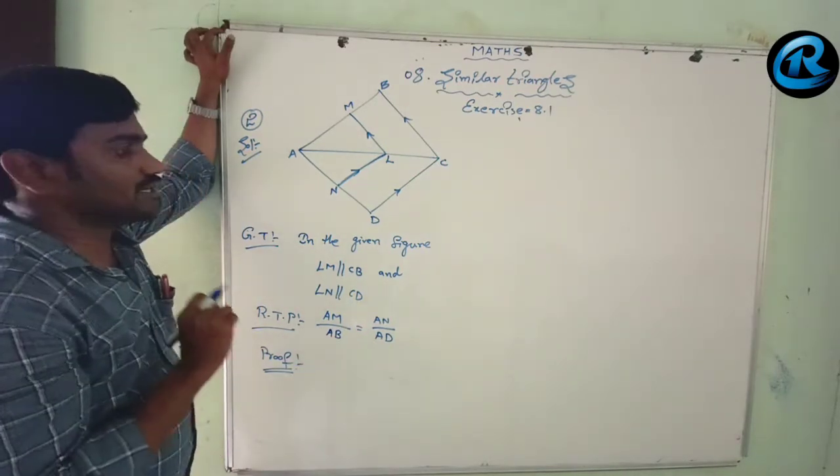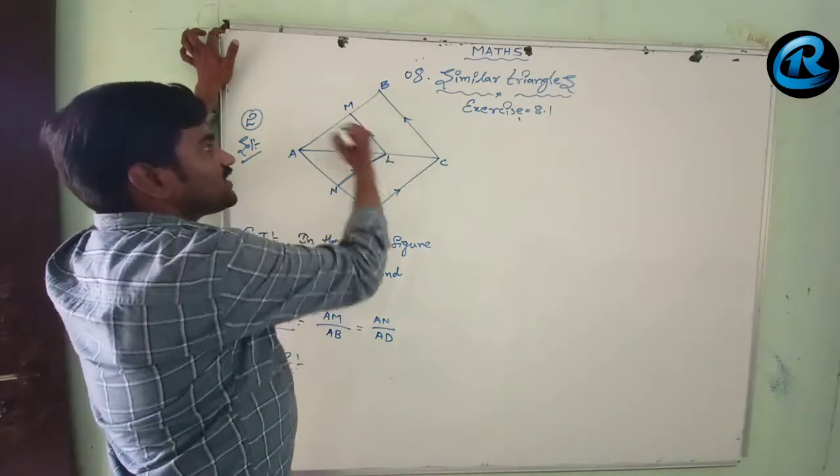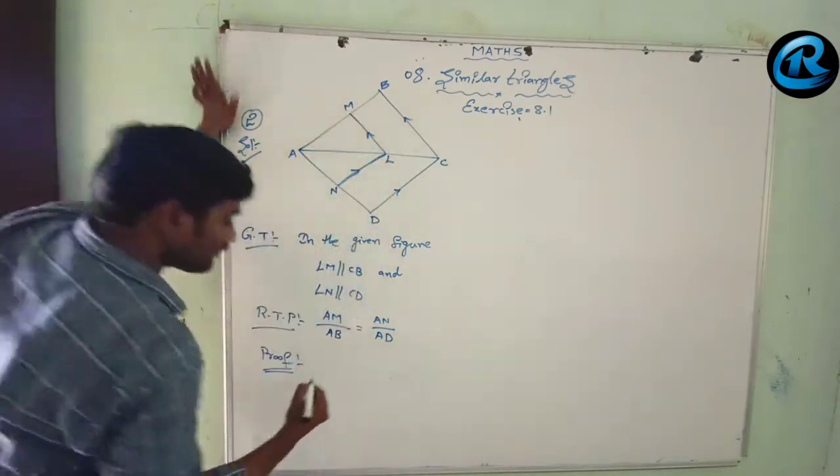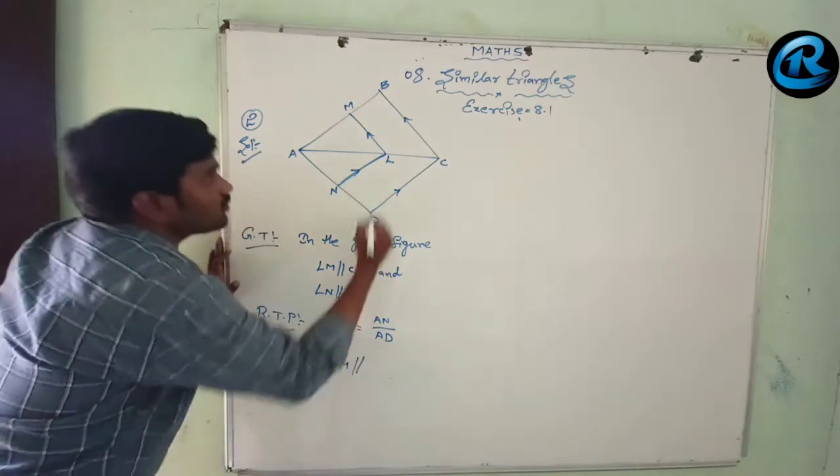Now we use the BPT theorem. By using BPT theorem, how can we do it? In this first part, you see that LM is parallel to CB.